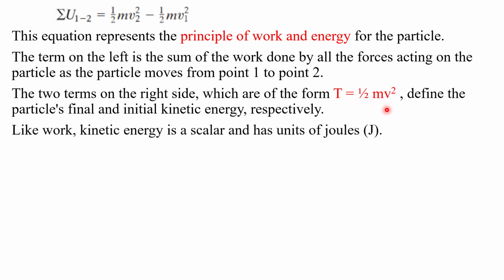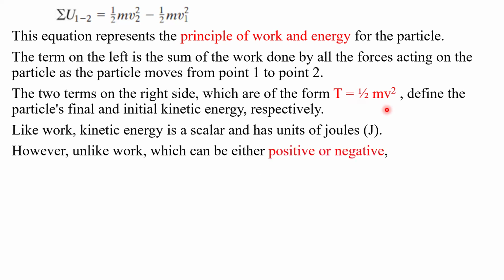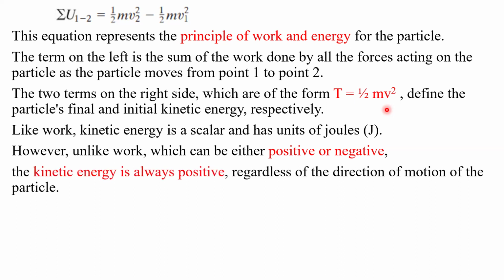Like work, kinetic energy is scalar and has the unit of joule. However, unlike work, which can be either positive or negative, kinetic energy is always positive, regardless of the direction of motion of the particle.